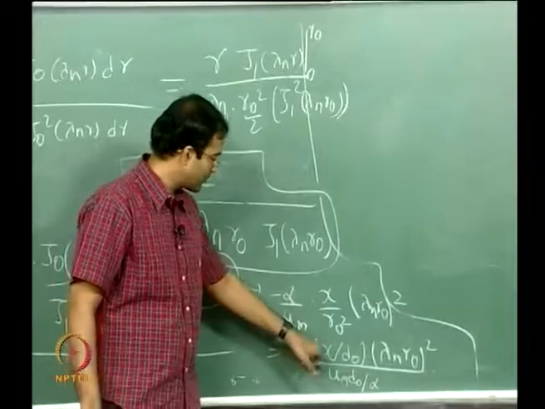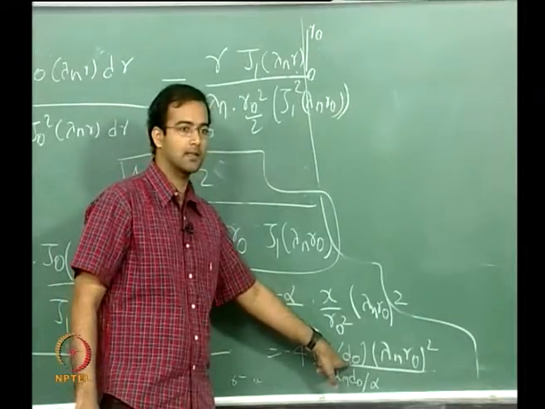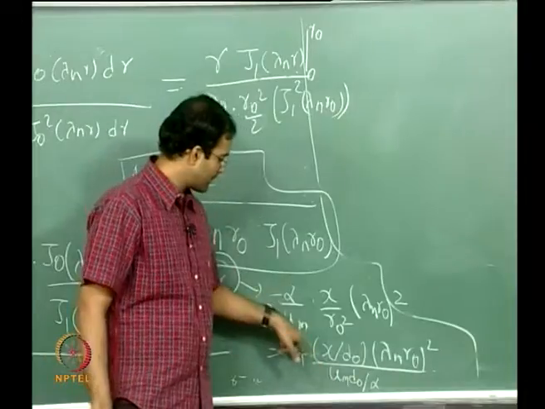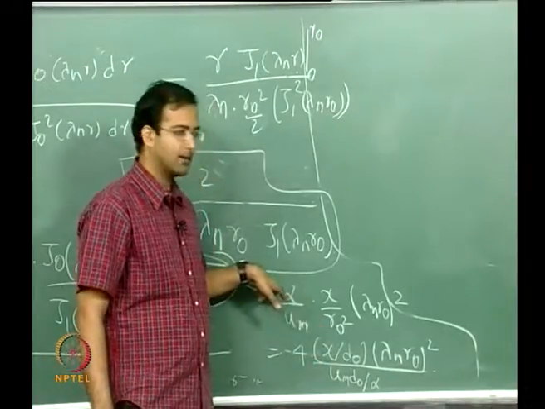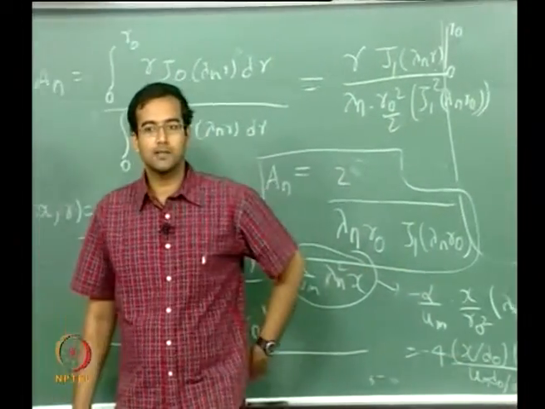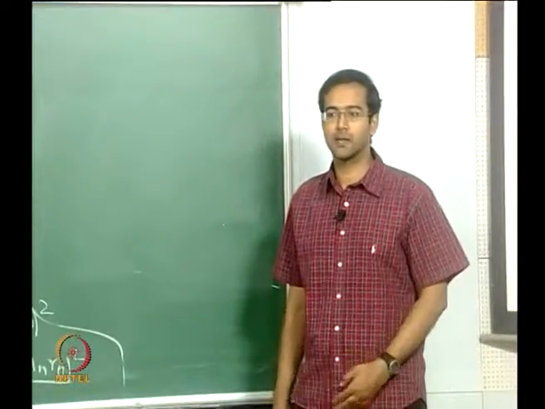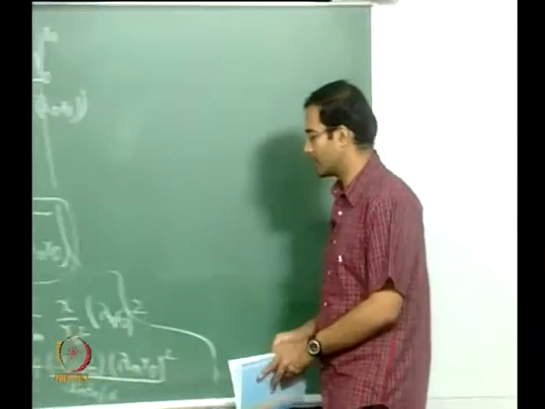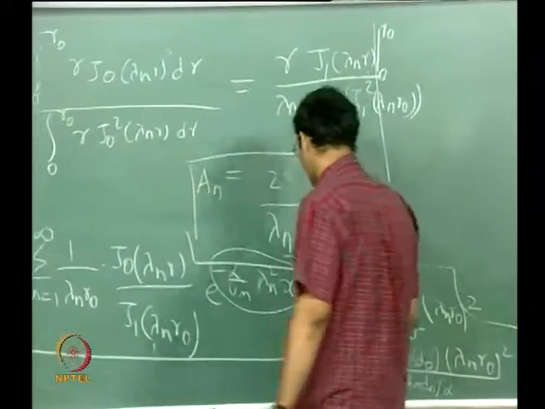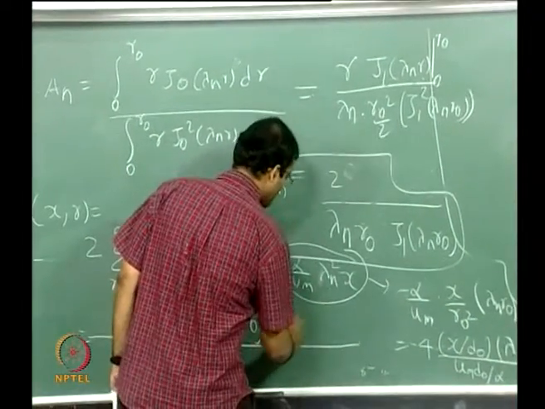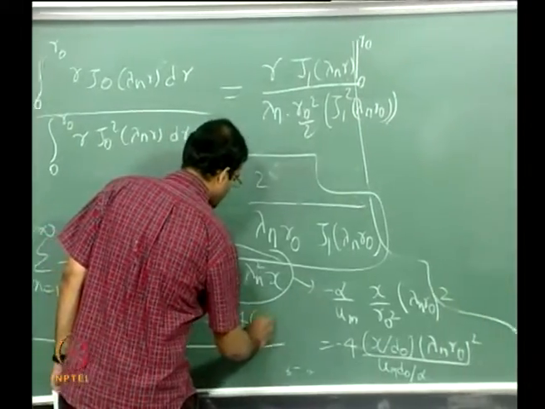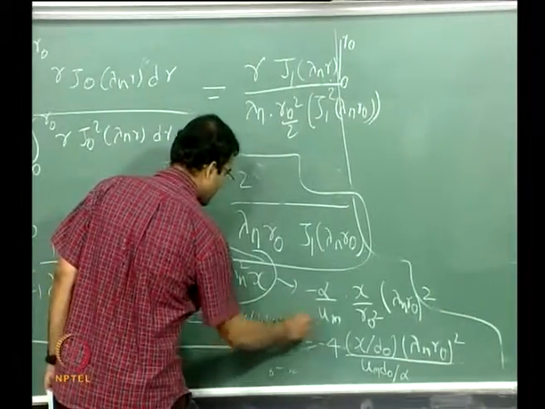And I am grouping x by d naught as one non-dimensional term, and now I am left with d naught by alpha. So what is d naught by alpha? Reynolds number times Prandtl number. So therefore I can replace this entire thing as a non-dimensional group, which is minus 4 x by d naught lambda n r naught.